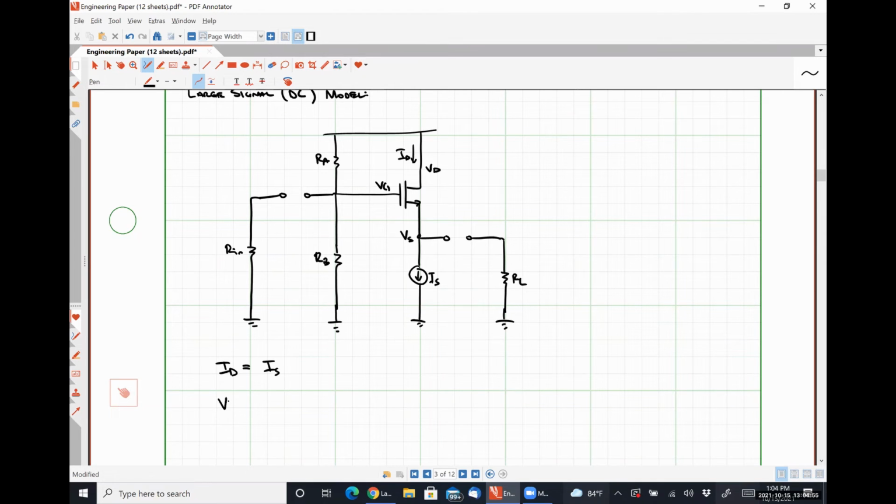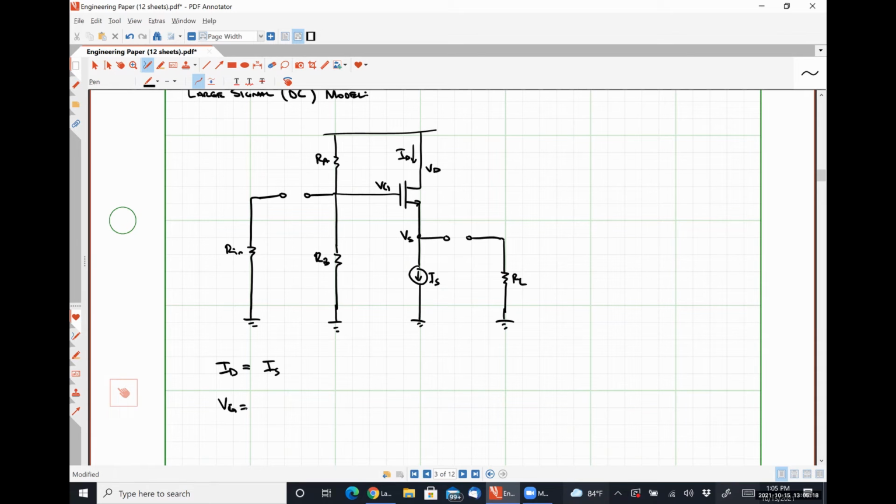What is our gate voltage VG? It's the exact same voltage divider that we had a couple of minutes ago. It's going to be the same thing on the next circuit too. I mean, we do it this way for a reason. All right.